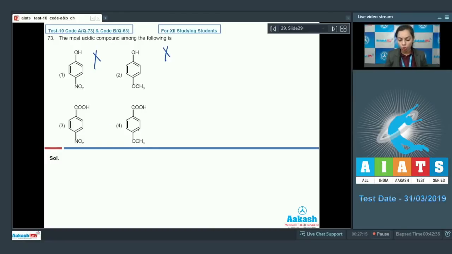But if I talk about the next one, this is methoxy group. This methoxy group is electron releasing group, not the electron withdrawing one. That's why it will not stabilize this carboxylate ion after removal of proton that much. That was done by this compound. So the maximum acidic character is there with the compound 3, and the answer becomes option 3.